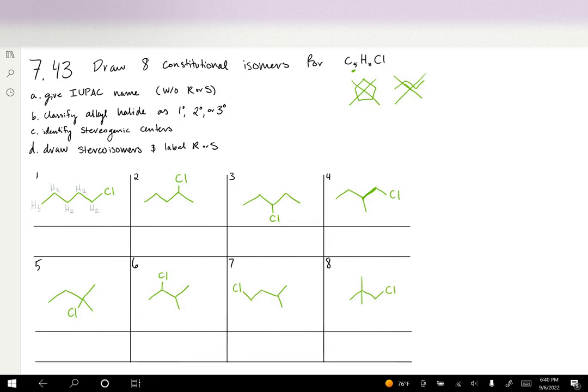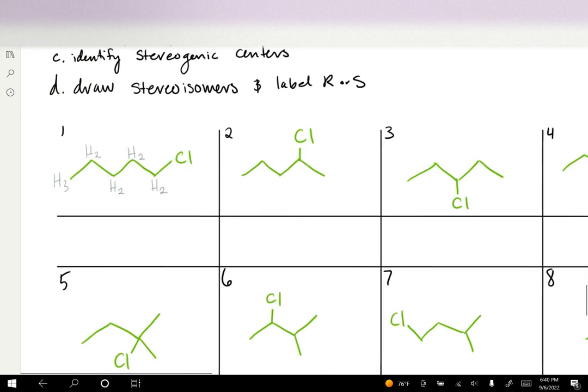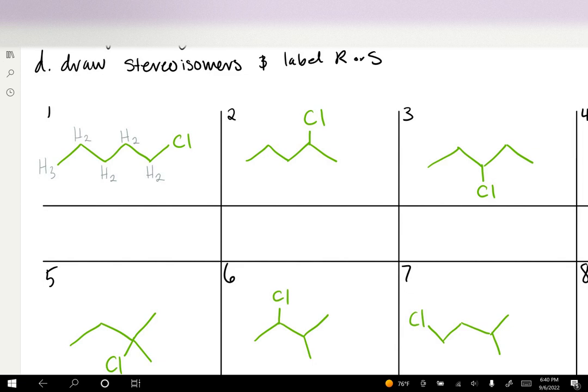Let's get in with our IUPAC names. So for this first one here, we have pentane, just in a nice line. And we remember that we always number to give our groups the lowest locator numbers. So I'm going to number from the chlorine, and this is going to be 1-chloropentane.